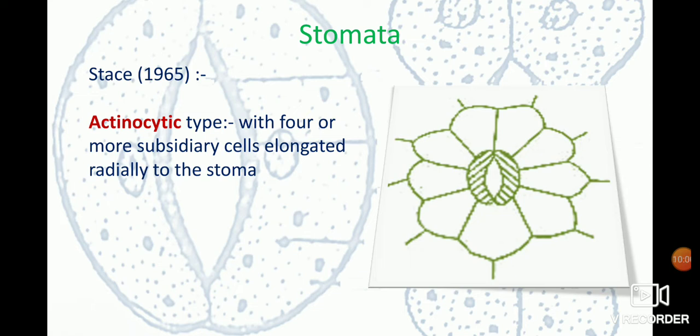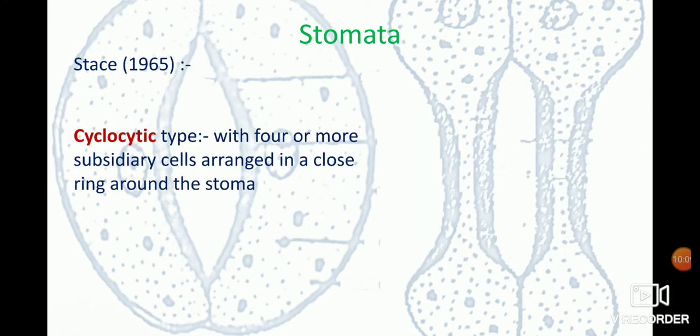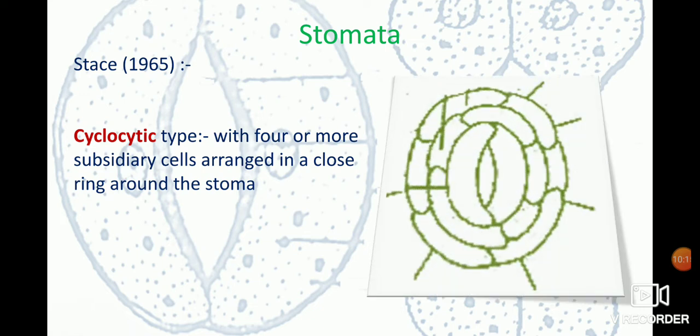So here we have four or more subsidiary cells which are radially elongated to the stomata. Then the sixth type is the cyclocytic type, in which there are four or more subsidiary cells arranged in a close ring around the stoma.